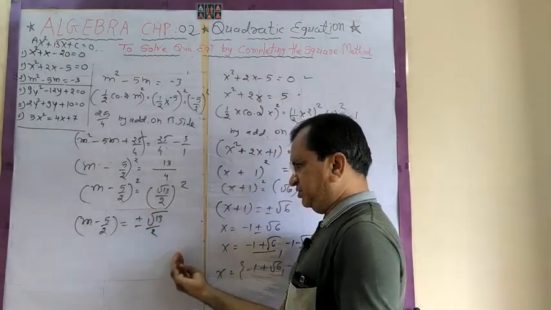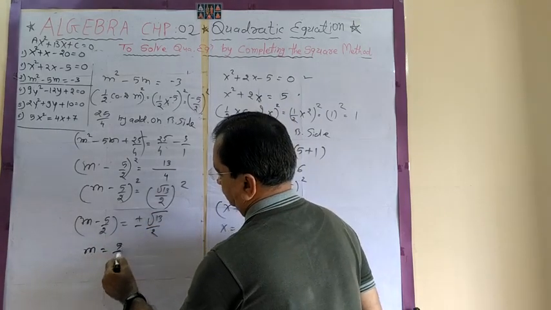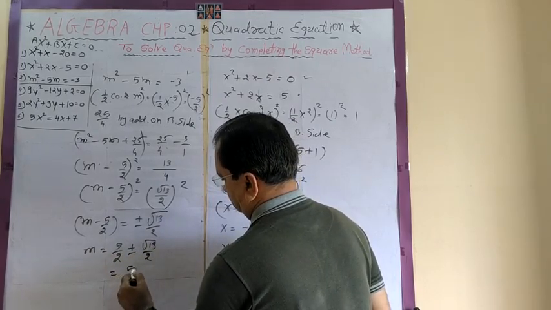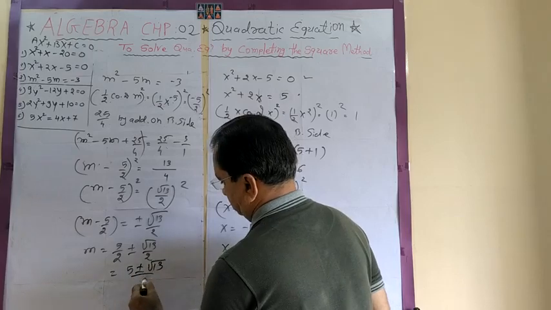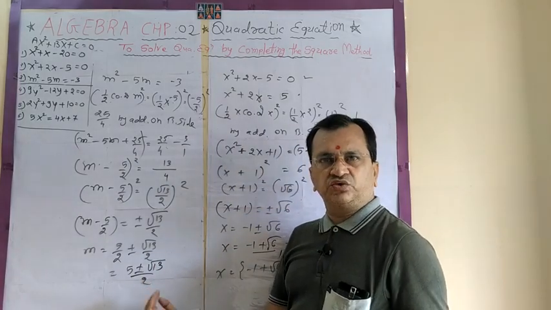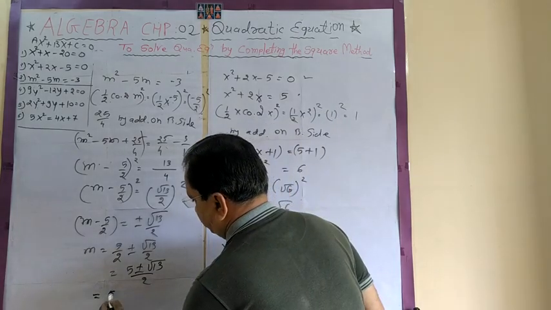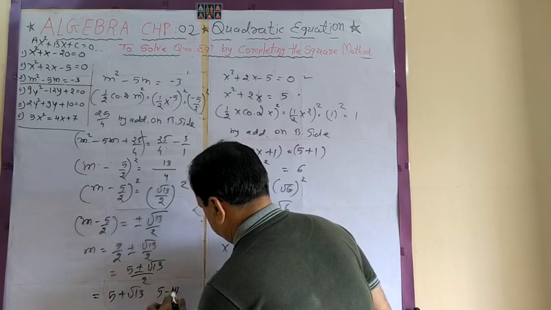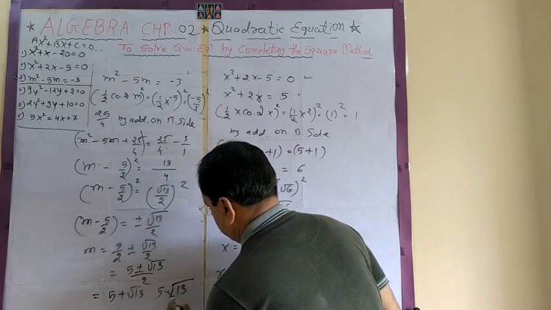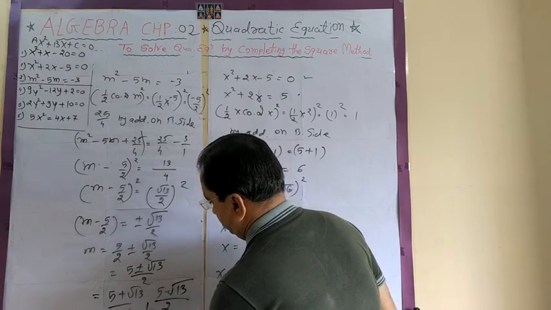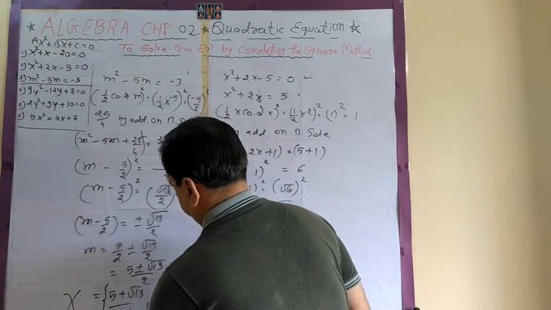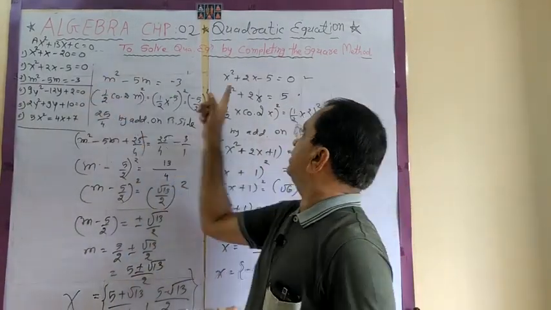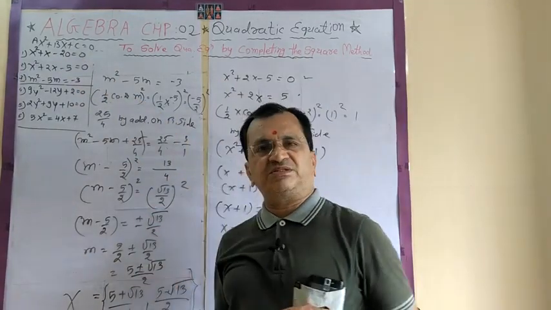Now this comes to this side. Combine the denominator, it is 2 2, so combine. Now separate: 5 plus root 13, 5 minus root 13, divided by 2. So that is 1, 2, 3.